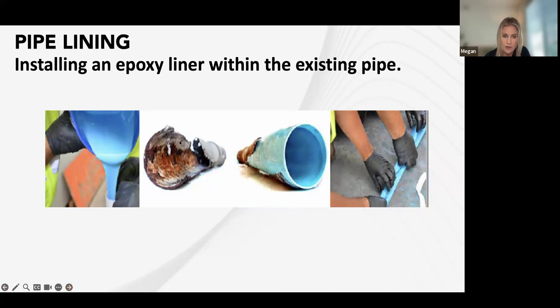And so you can see that there. This is the old corroded pipe, and this is the new lined pipe. You can kind of think of it as a new plastic pipe going into that existing pipe. And we enter that with existing access. So we use, again, those cleanouts, your vent pipes, or toilets can be removed to install.